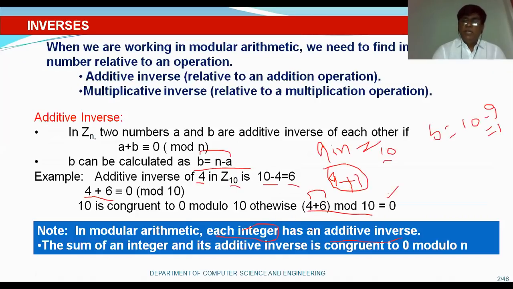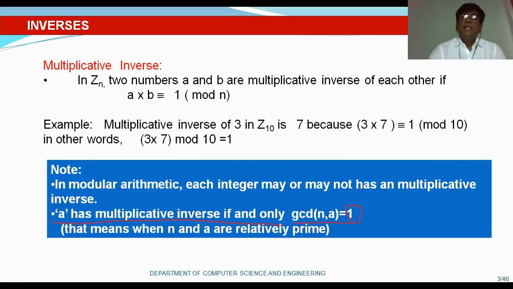GCD means greatest common divisor. If GCD of n comma A is equal to 1, then only this number A has a multiplicative inverse in Zn. For example, GCD of 10 comma 3 is equal to 1.